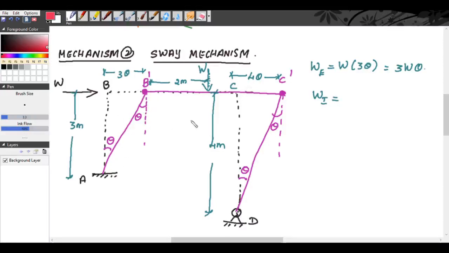See, the spans are not equal. Span AB and span CD are not equal. That means this angle is theta 1. I think I will repeat the sway mechanism.